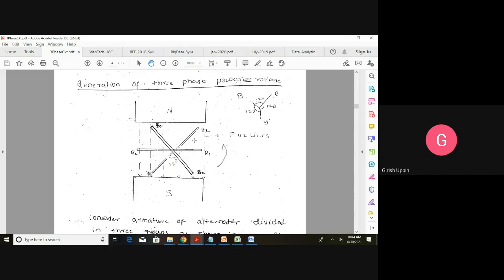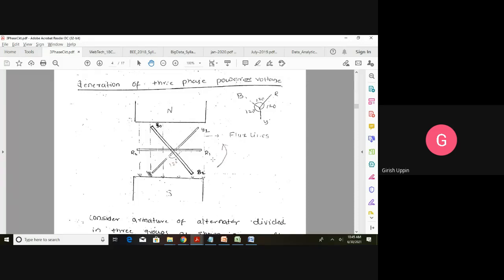So the EM, the maximum EMF that is induced, depends on BLV, where B is the magnetic flux density, L is the length of the coil, which is same for all, and the velocity with which all the three phases are rotated is exactly the same. So EM would be constant and it is same for all the phases.